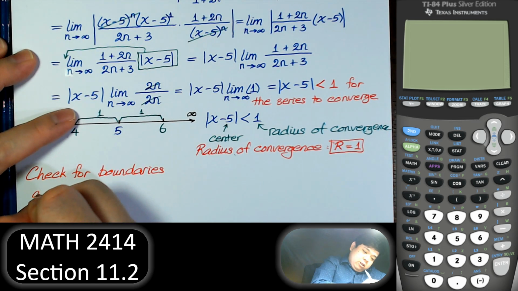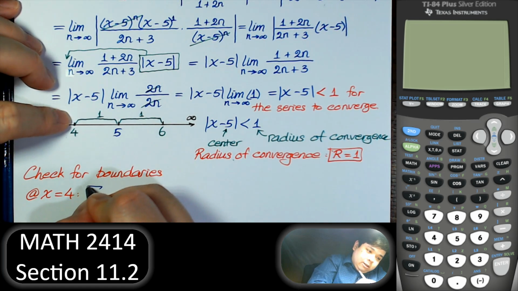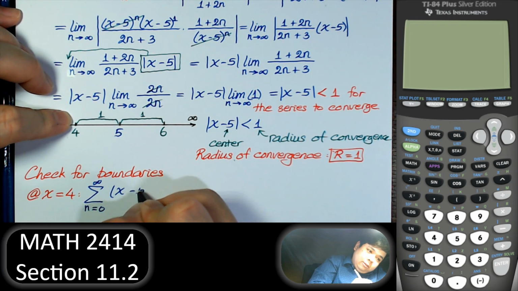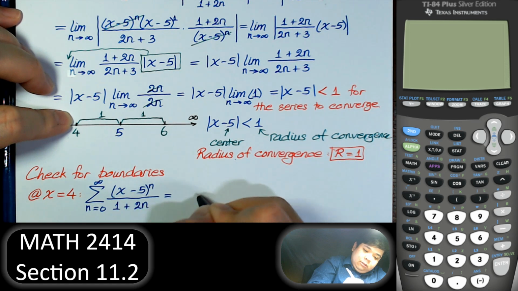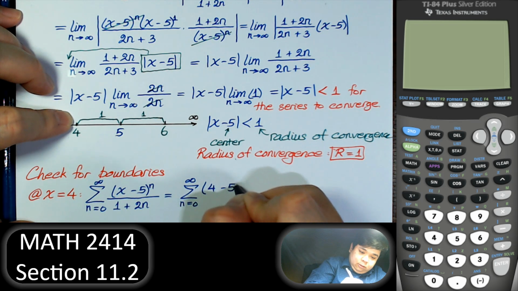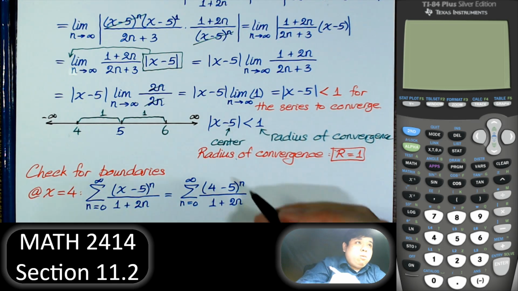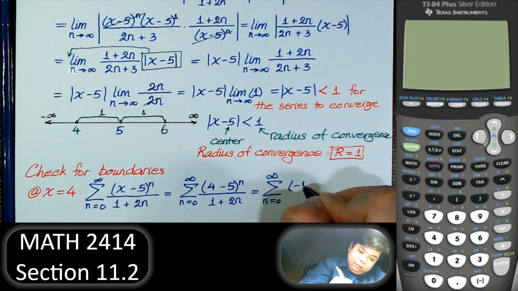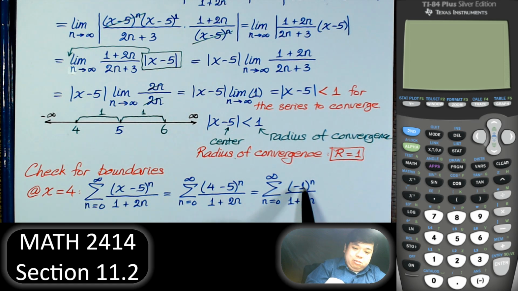Now at x equal to 4, I'm going to put 4 in for x. 4 minus 5 is negative 1. This is an alternating series because of that.